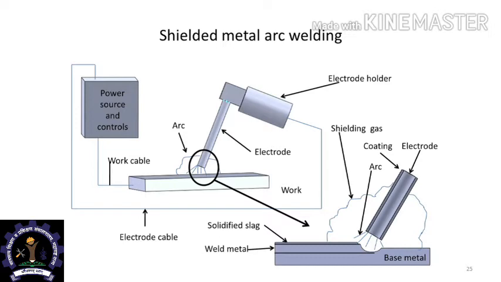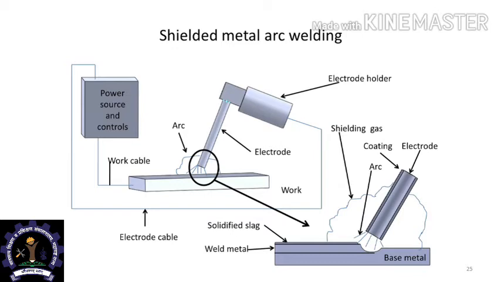So, there is a weld metal deposit that will be forming, and the coating is going to also form a thin layer. Usually it is less dense than the weld material, and it forms a solidified slag layer on the surface of the weld metal.